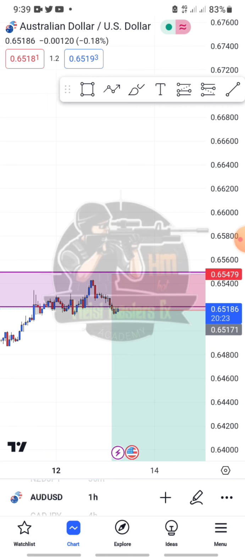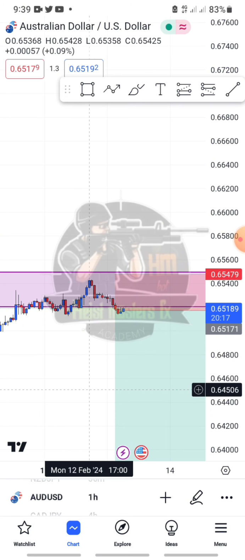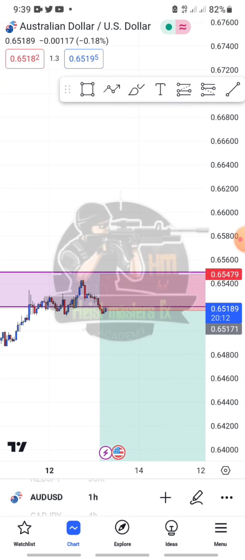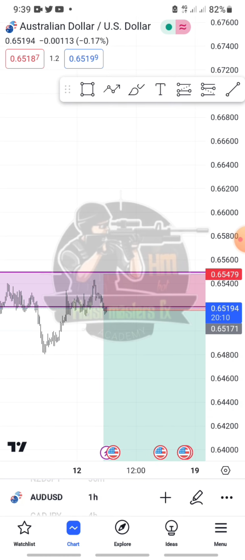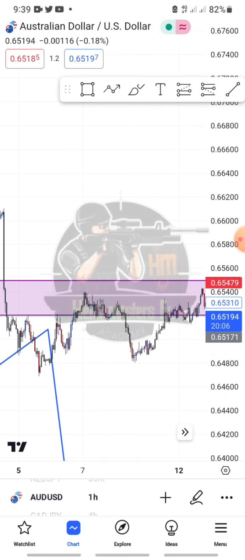But then what has made me gain interest in this trade is where the price is. Let me zoom. You can see that area is a clear area of support and resistance where price has been reacting to that area multiple times.